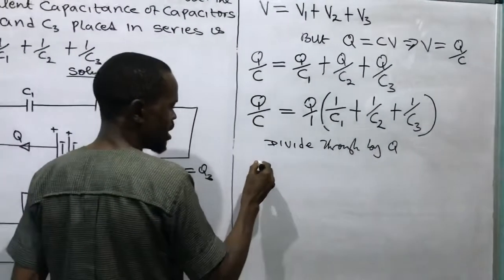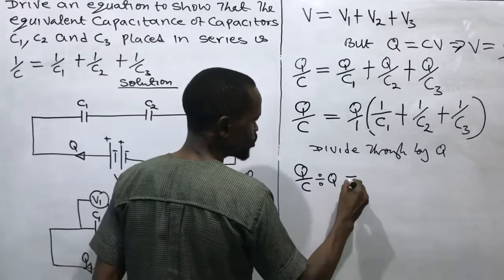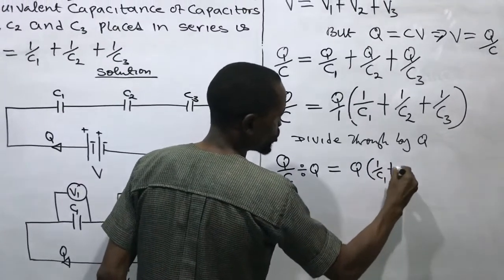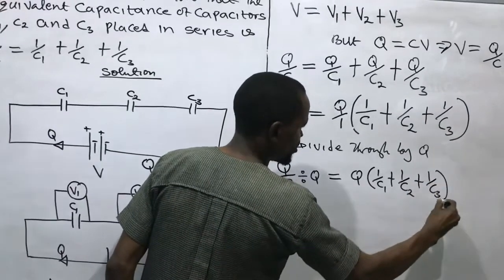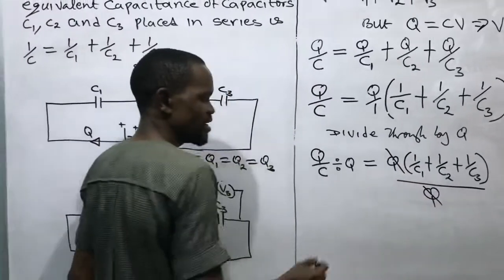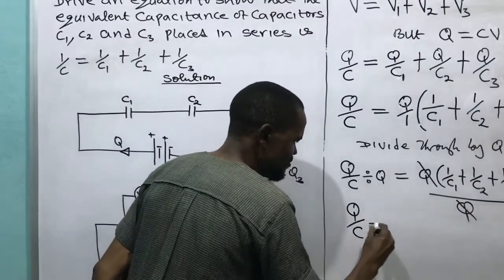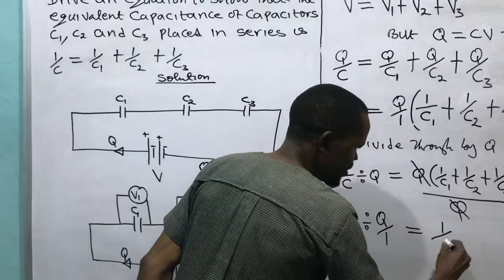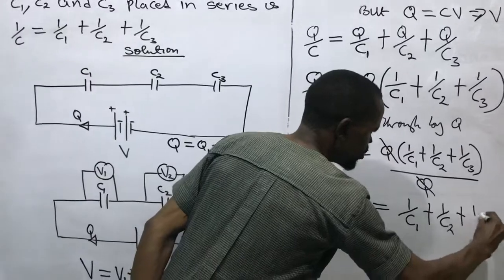If I divide through by Q, I have Q all over C divided by Q equals to Q into 1 over C1 plus 1 over C2 plus 1 over C3 divided by Q. What will happen? This will kill this. And this, we have Q all over C divided by Q all over 1 equals to 1 all over C1 plus 1 all over C2 plus 1 all over C3.